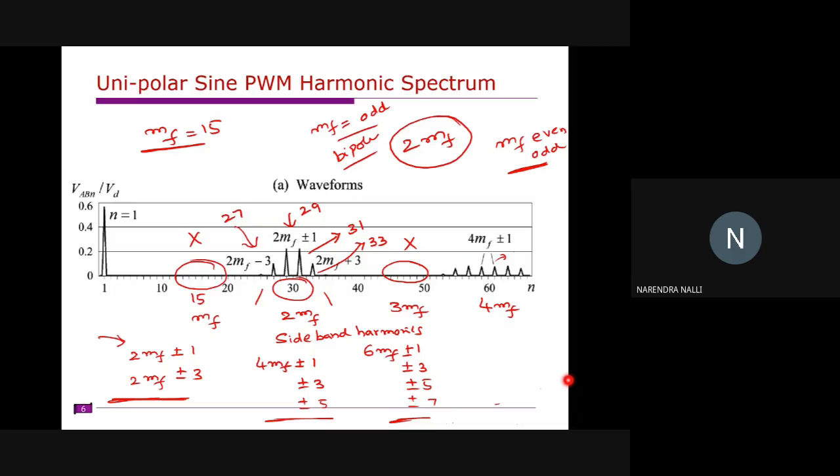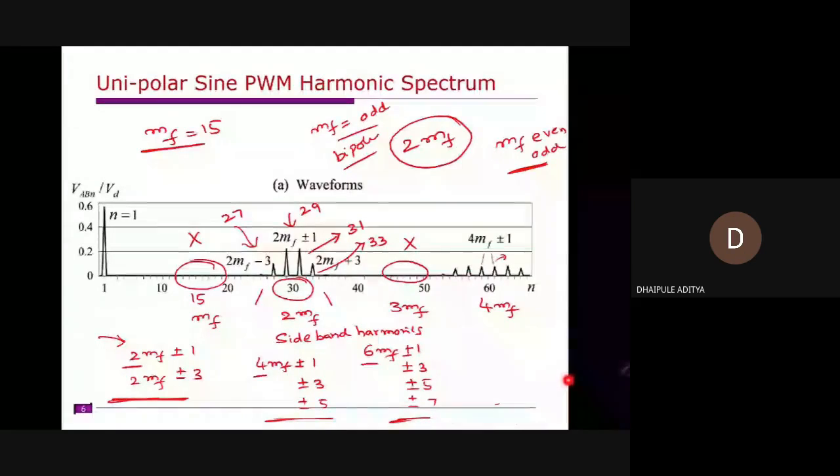So to eliminate even harmonics, in case of unipolar you can select anything, even or odd, but in case of bipolar, it should be an odd number. Clear?